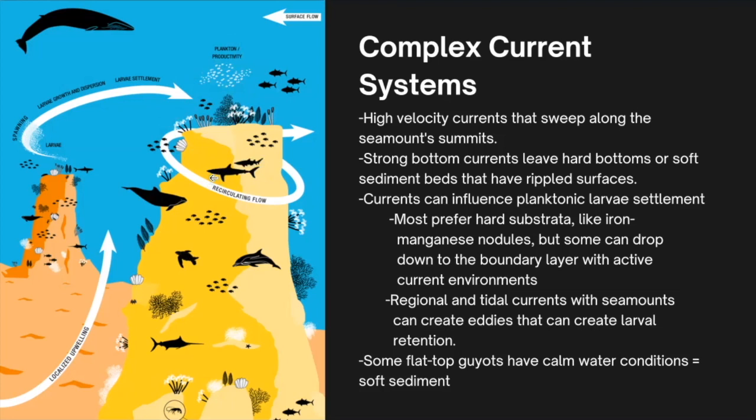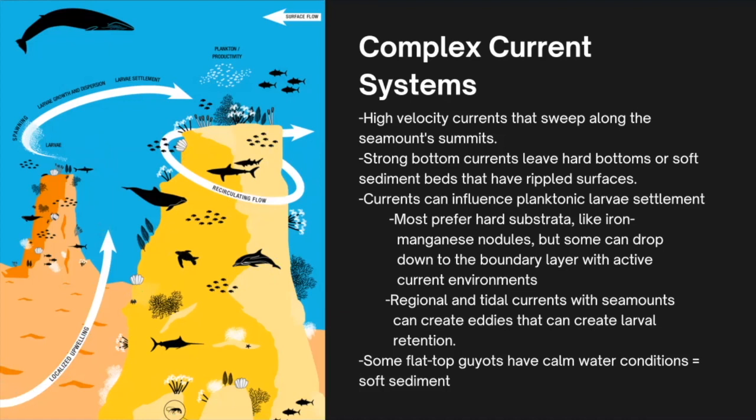Some flat-topped seamounts, which is the top right here, can have calmer water conditions, which can create more soft sediment. As we can see in the picture, there's a lot of recirculating flow going around the seamount, coming from the localized upwelling towards the bottom to the top.